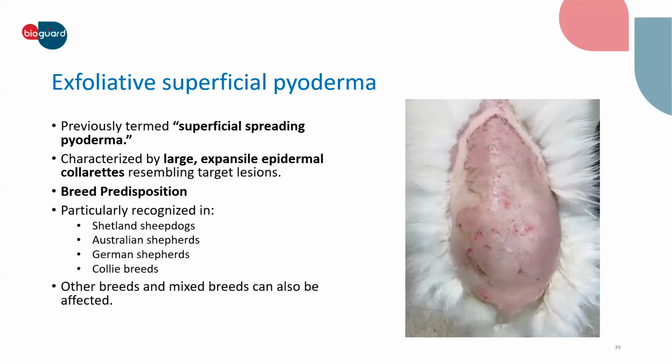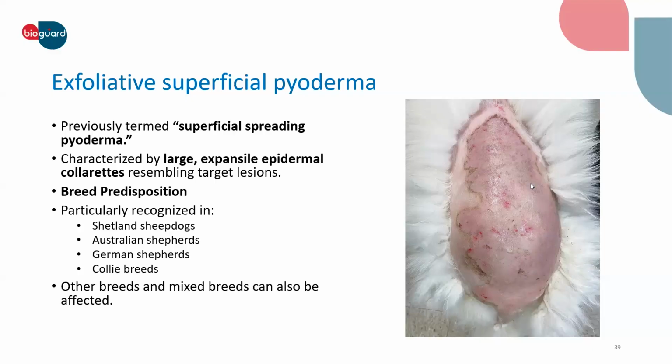And then another one is the active superficial pyoderma. The previous name was superficial spreading pyoderma. Right now, it is called active superficial pyoderma.